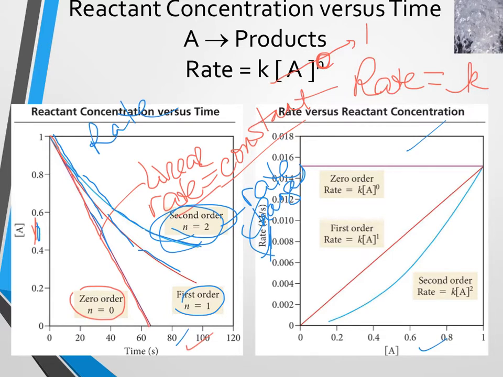So just as I said before, a zero order reaction has a constant rate, and it doesn't depend on the concentration of the reactant, right? And let's look at a first order reaction. In a first order reaction, the rate is directly proportional to the concentration of the reactant.